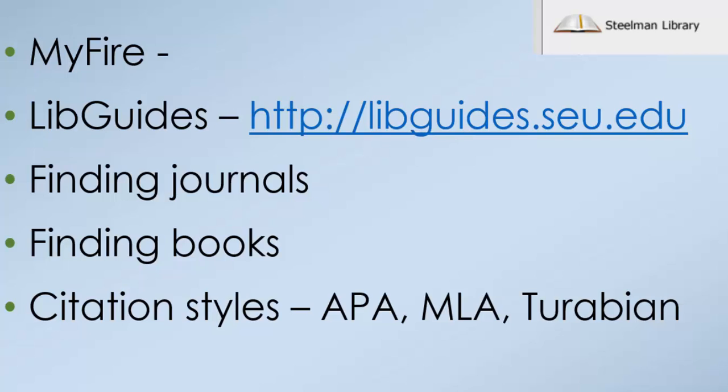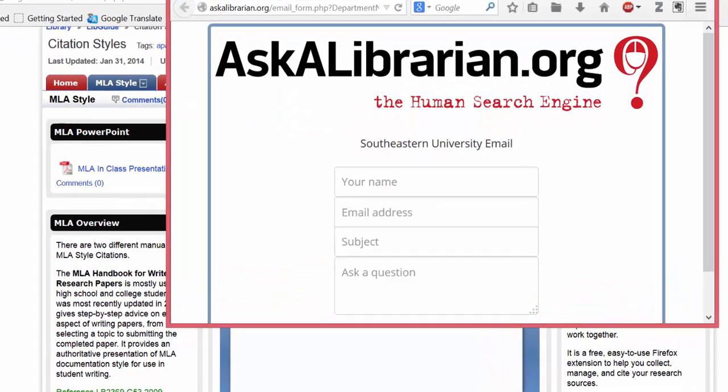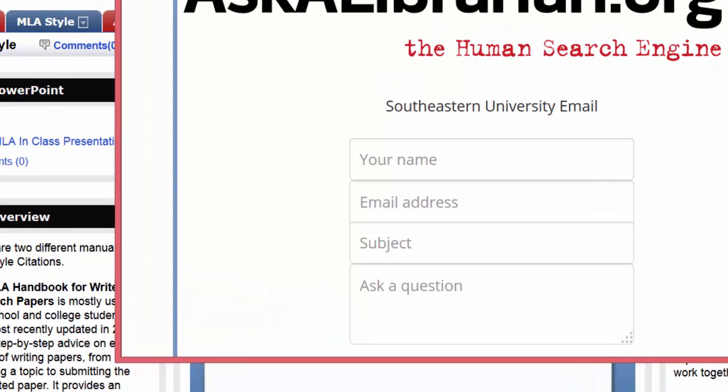Now, if it's 2 in the morning, because that just happens to be when you study, and I understand that, then the email service is always available, and this email always goes directly to me. So you can email me, and you'll put your name, your email address, subject, ask your question, and then you can send that. I'll get it at 8 o'clock in the morning when I come into the office, and I try and have a 24-hour turnaround time.